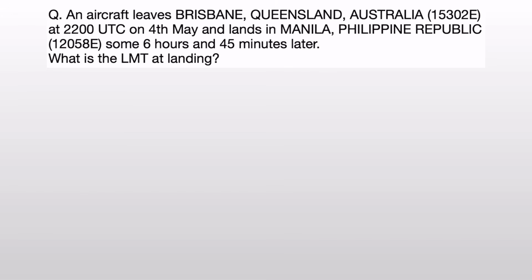Now, my aircraft is leaving Australia at 2200 hours and it is landing after 6 hours 45 minutes. Can I find the time it lands in the Philippines in UTC? Yes. So it is taking off at 2200, flying and landing 6 hours 45 minutes later. What will be the time it lands?